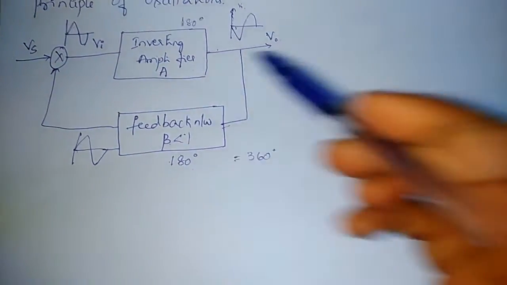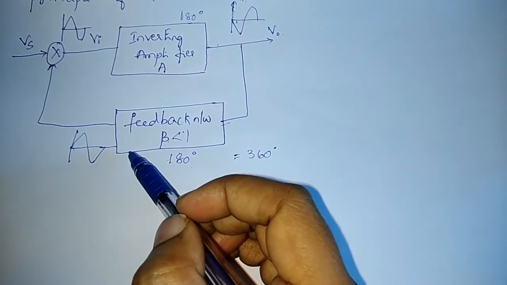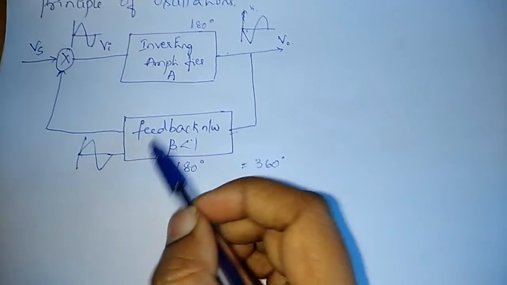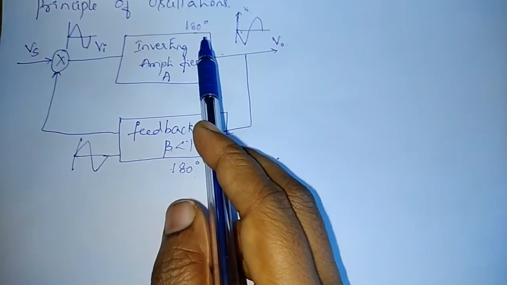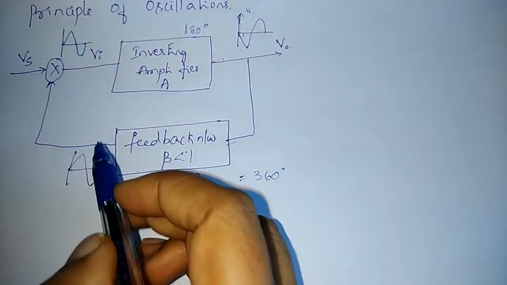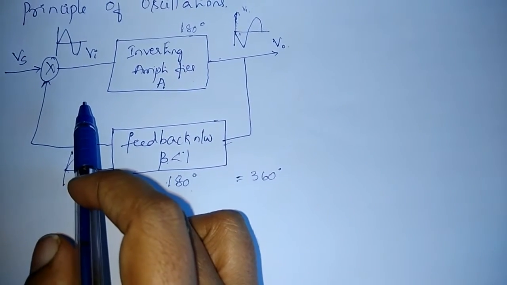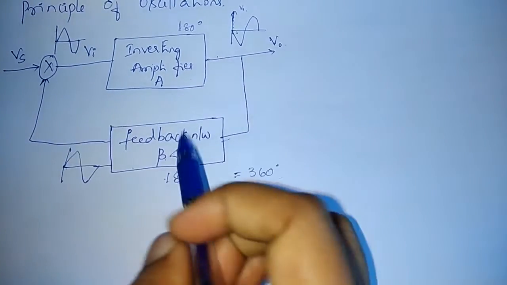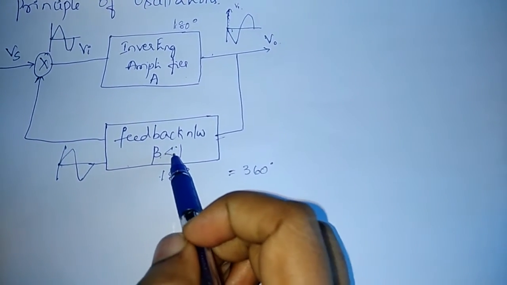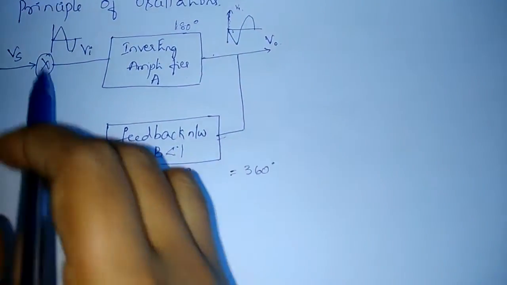Since the feedback must be positive in the case of the oscillator, the output of the feedback network must be in phase with Vs, correct?